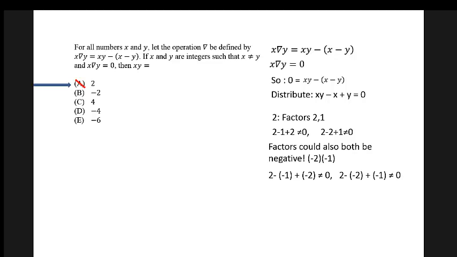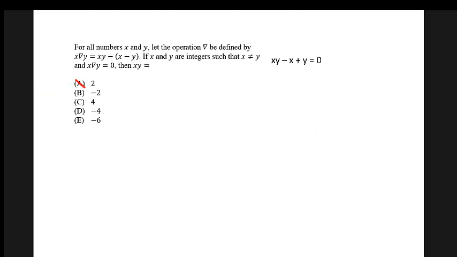So I'm now going to move on to, well, what if xy were negative? That would tell me that one of the 2 factors would have to be positive and the other negative. So I could either have -2 times 1 or -1 times 2.